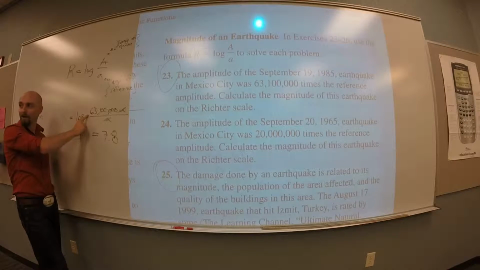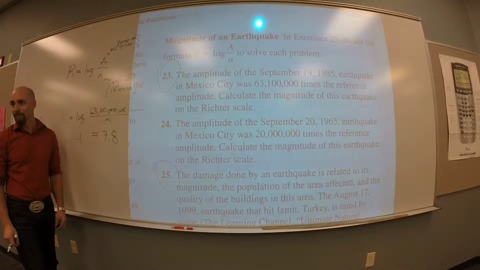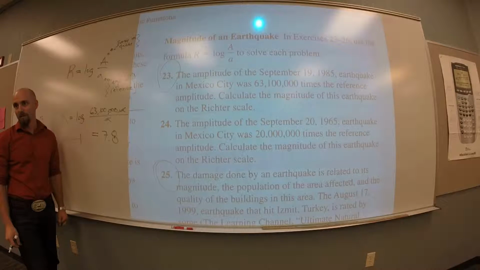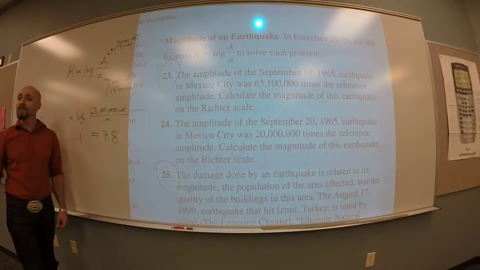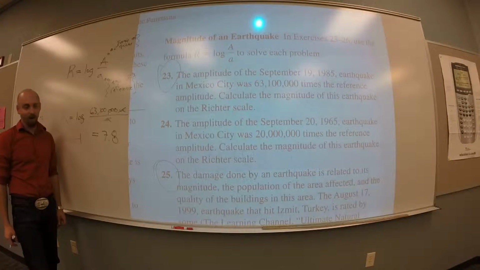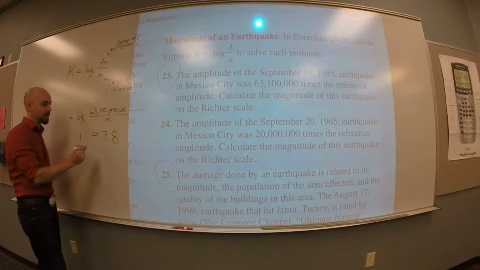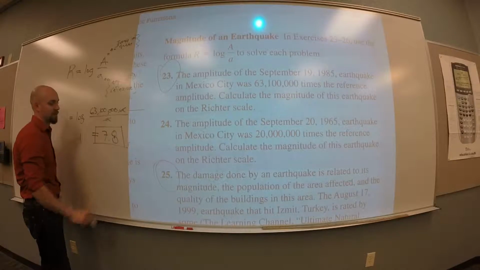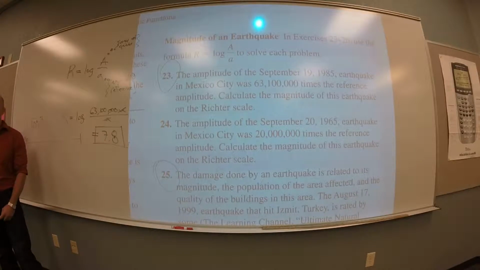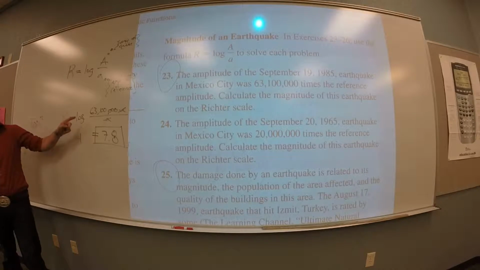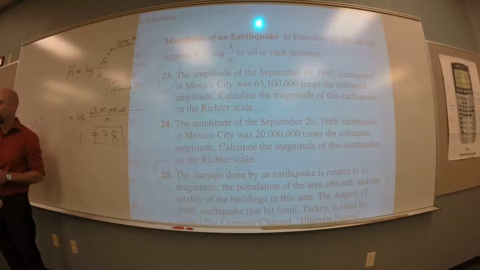I would just log this number and get 7.8. So this is 7.8 on the Richter scale. Log of this will give you 7.8. You guys cool with that?